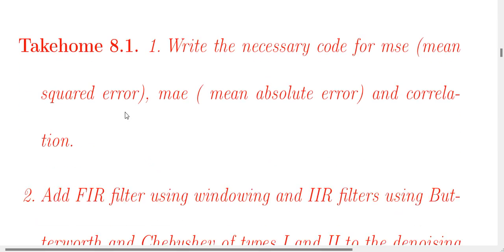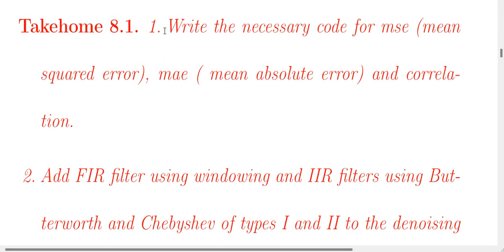Okay, now take home, an important part of learning. Write the necessary code for MSE (mean squared error), MAE (mean absolute error), and correlation to be able to analyze the results as a quantitative approach.